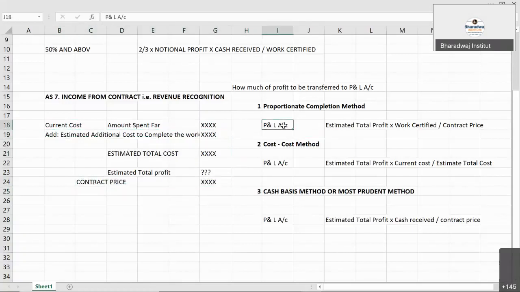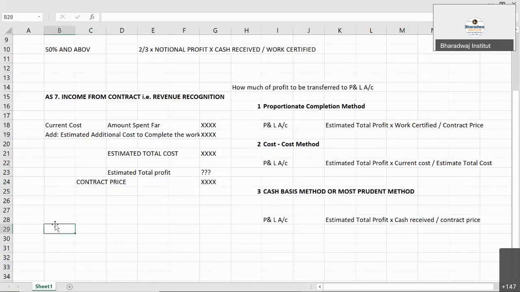So the amount to be transferred to the P&L account can be based on work certified to contract price, or current cost to estimated total cost, or cash received by contract price. The choice of the method is left practically to the construction companies, but in general, the first method is followed by various construction companies.